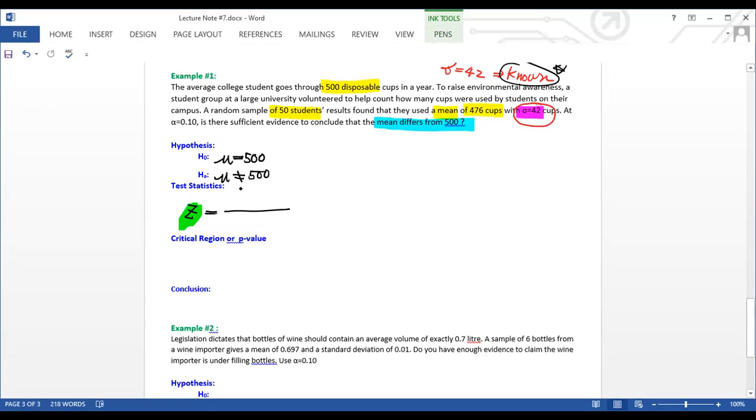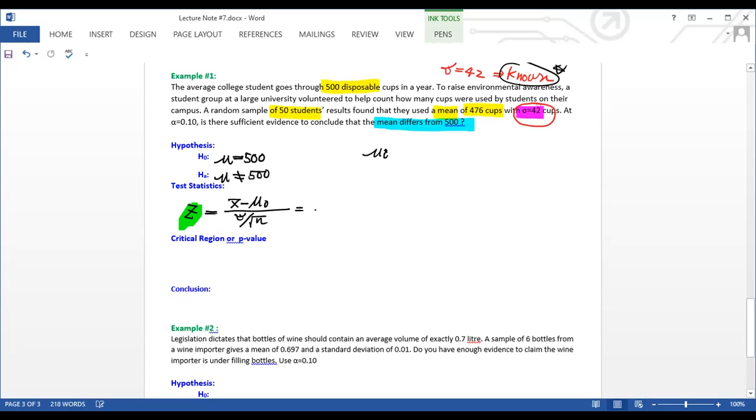So in order to get my information, this is mu 0, and then it's sigma over square root of n, right? So this is x bar minus mu 0.